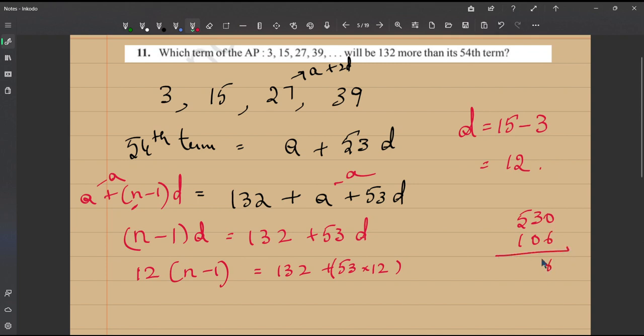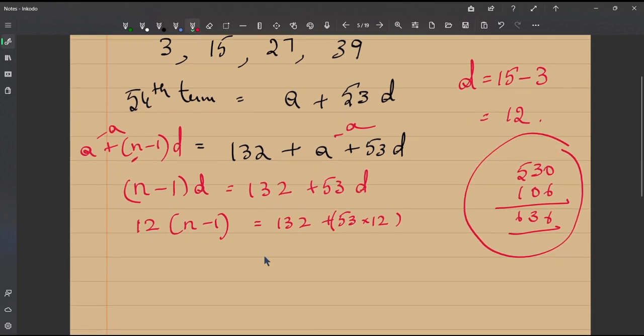So this would give me 53 into 12, 636. Of course, you can multiply and see if you are not able to understand what I am doing here. So this is equal to 132 plus 636, which is 6 plus 2, 8, 3 plus 3, 6, 768.